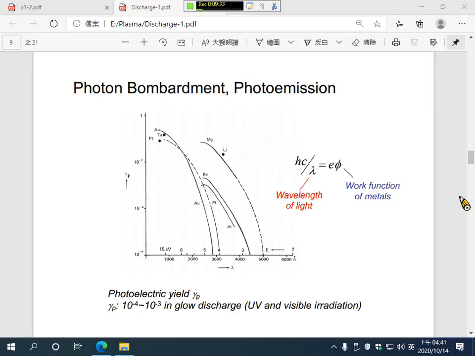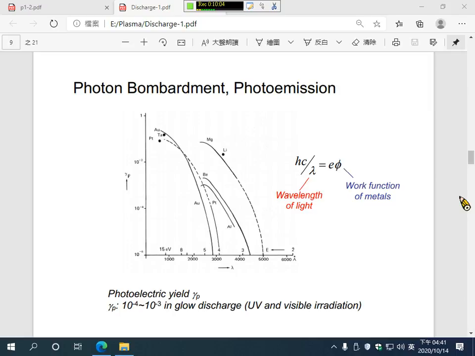So based on this figure, you can find out that if you use a light beam with photon energy of 4.5 electron volts, you can get secondary electron emission or photon emission from a metal surface easily, depending on the work function of the metal.